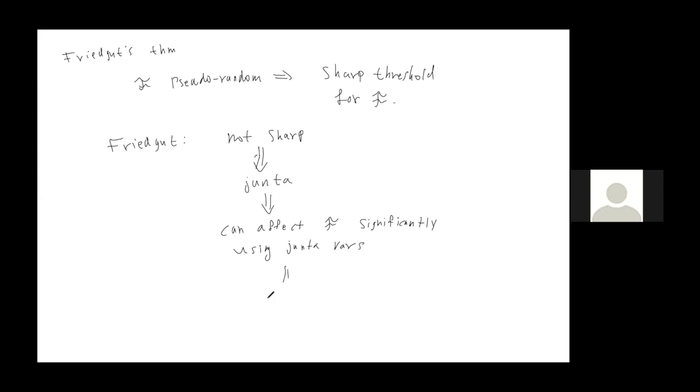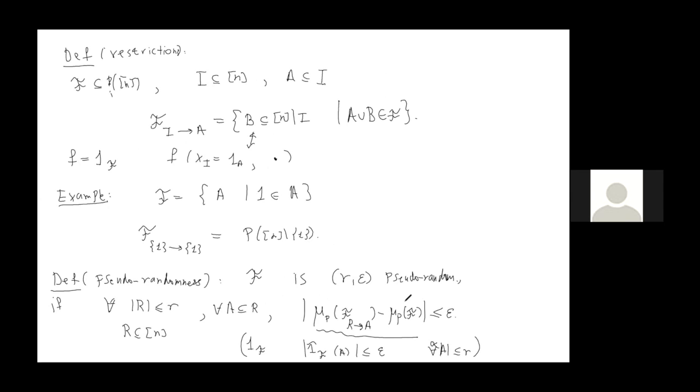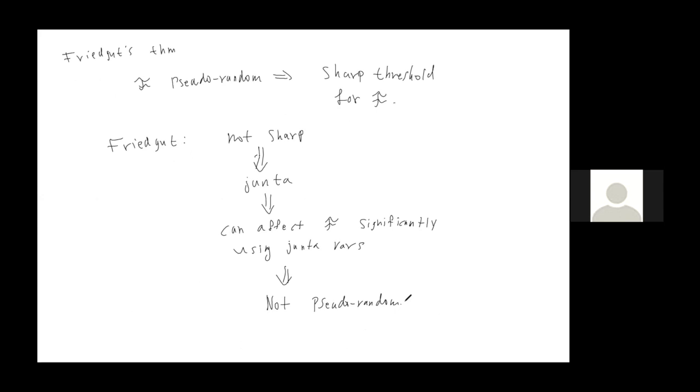So in particular, you're not pseudo-random. Okay, so this is the way sharp thresholds enter the picture. Yes, so this pseudo-randomness notion is really a central feature in the proof. Good. And yeah, so let me now state the regularity lemma, and then we'll take a break.